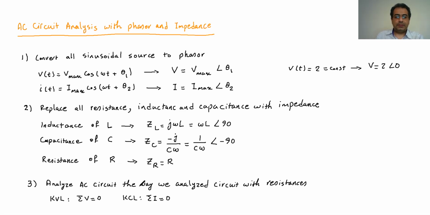The very same thing. The Kirchhoff laws, the node voltage method, the mesh current method, the voltage divider method, the current divider method, equivalent method, everything, we use the way we use it for resistances. I'm going to show you an example, and through the example, you will see what I mean.